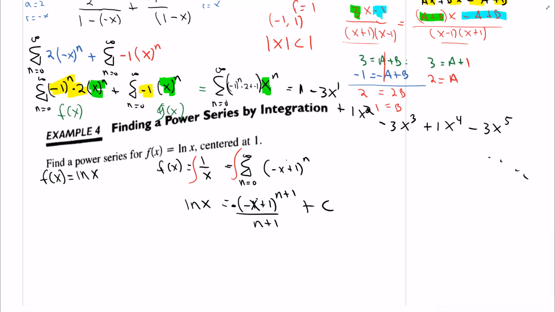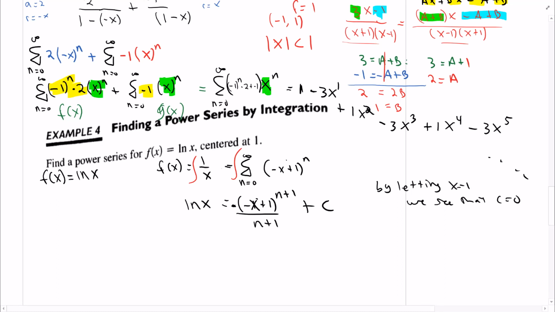Since it's centered at 1, we can plug in 1 to find out the value of c. So if you let x equals 1, you're going to get 0. So basically, by letting x equal 1, we see that c will equal 0.